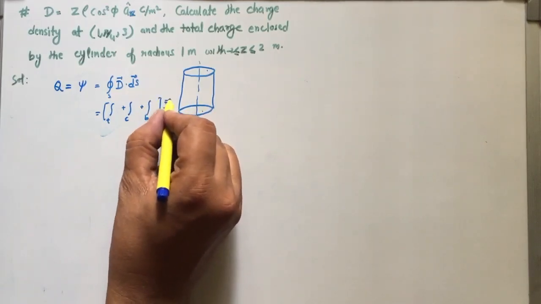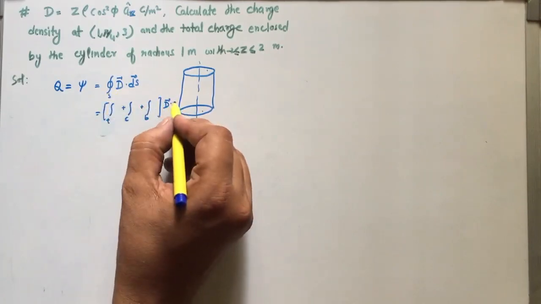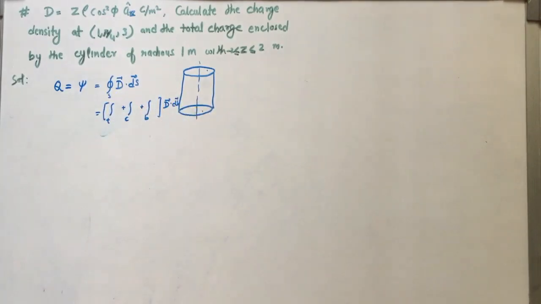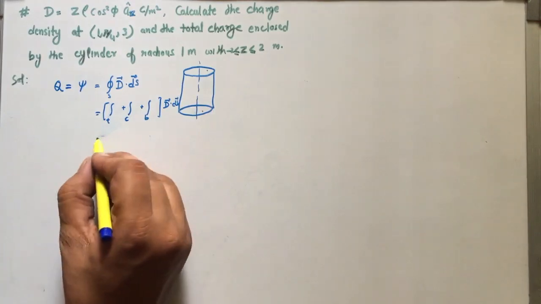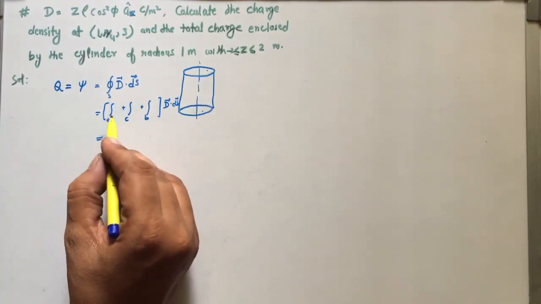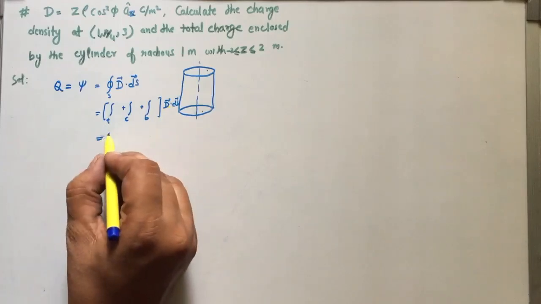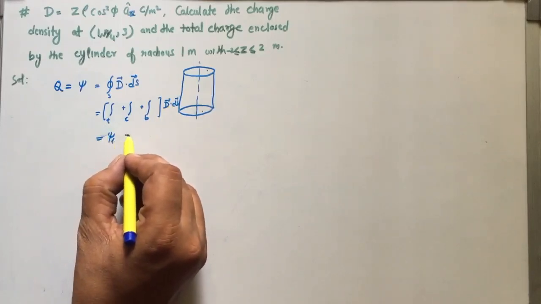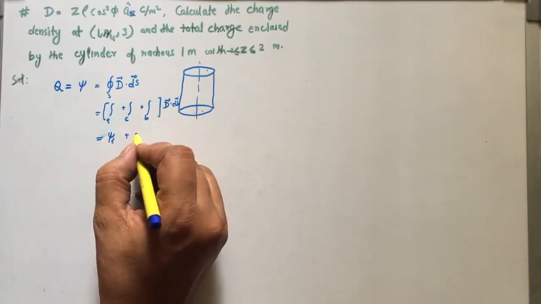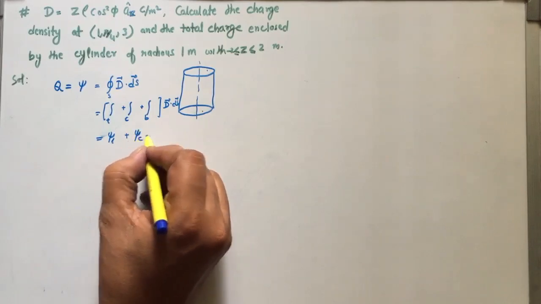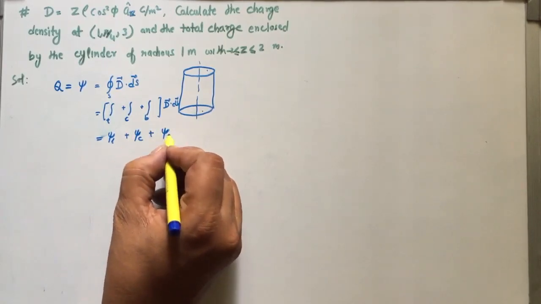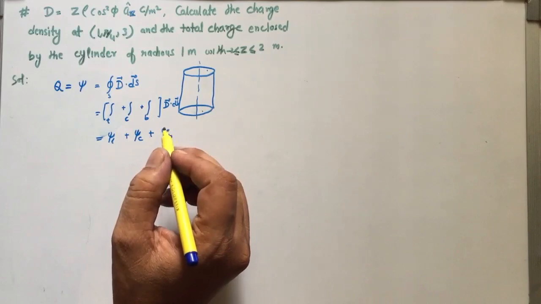This will be the flux from the top, flux at the curved surface, and flux at the bottom surface.